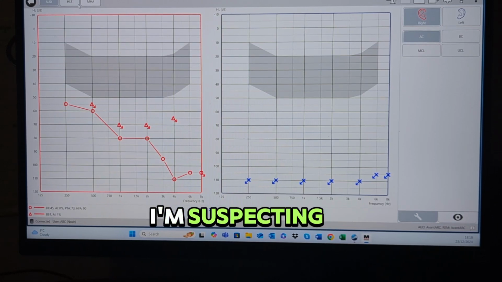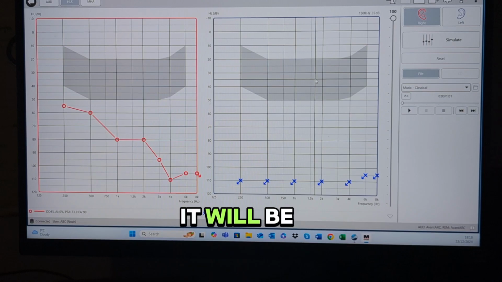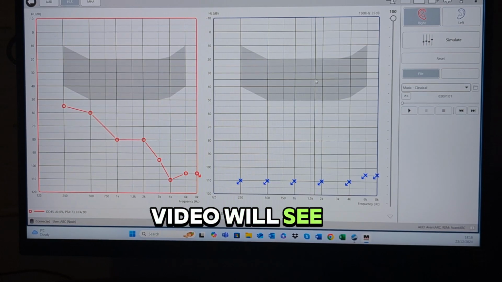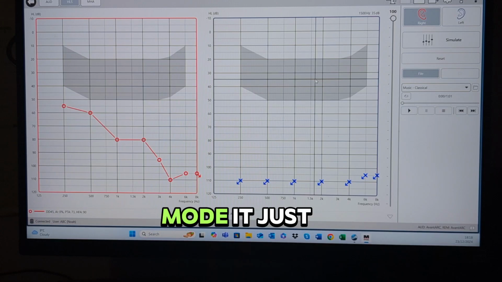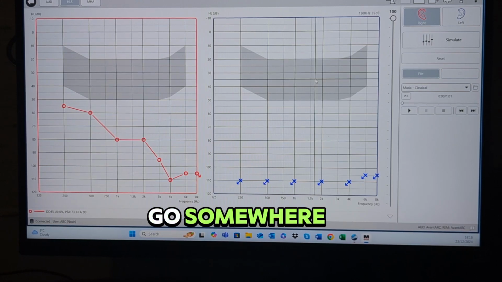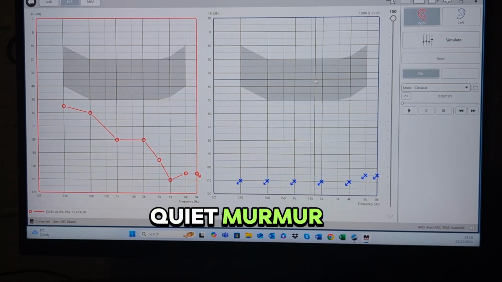So what I'm suspecting to happen with this particular simulation is that it will be quite challenging for you to listen to. Most people that listen to this video will say, when I press the simulate mode, it just sounds like it's off, which you wouldn't be blamed for thinking. But if you do turn up the volume, or you're using earphones and you go somewhere very quiet, you're going to hear a very distant, quiet murmur, a very, very faint voice.